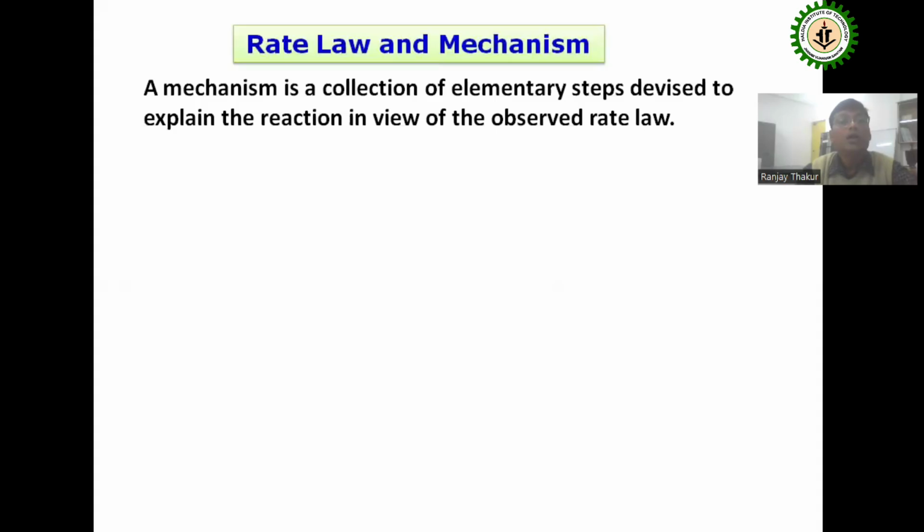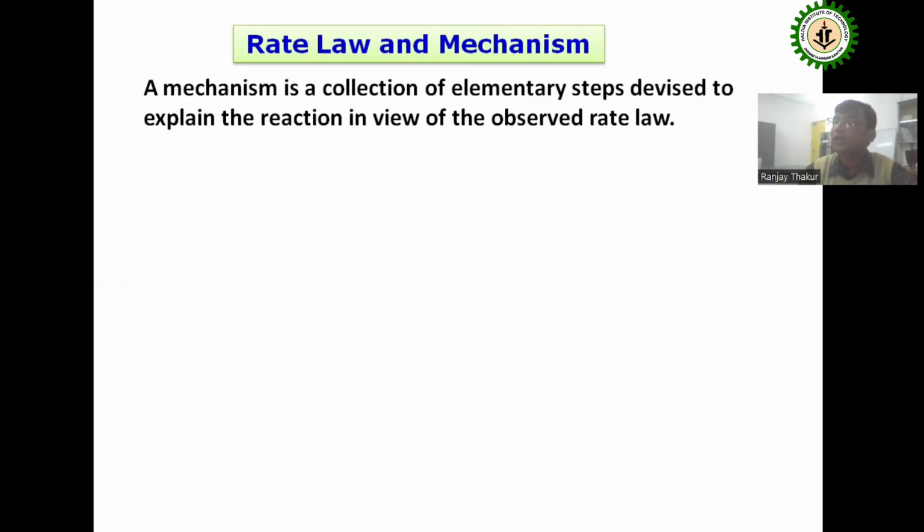Now, a mechanism is a collection of elementary steps devised to explain the reaction in view of the observed rate law. If you consider chemical reactions, there are two kinds: elementary reactions and non-elementary reactions. An elementary reaction is a reaction which completes in a single step.